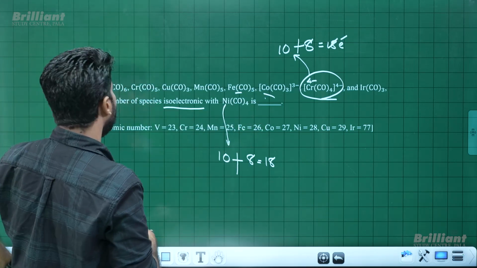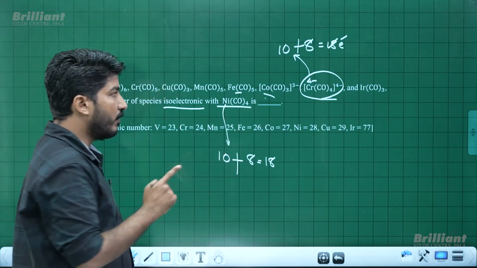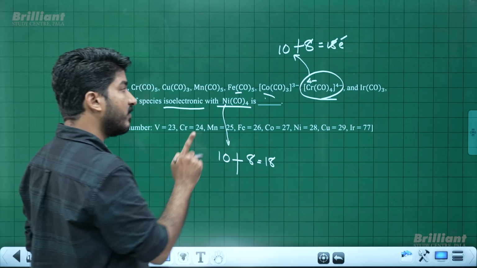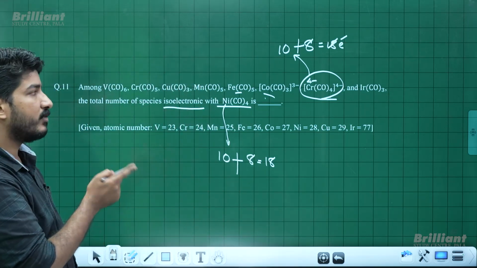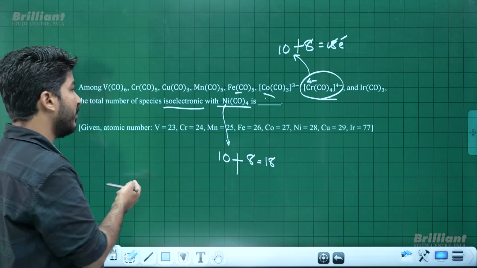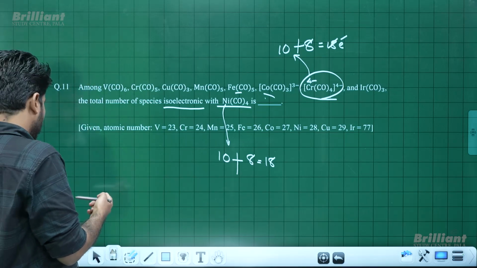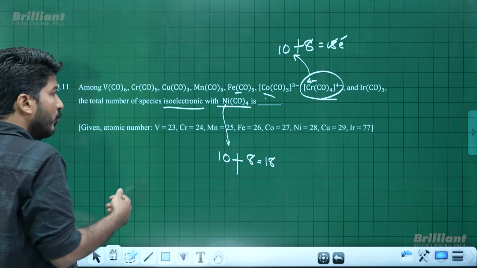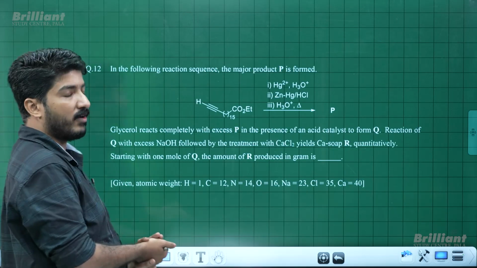Strictly speaking, Ni(CO)4 is isoelectronic with Cr(CO)4 4-. So that was one question from coordination compounds, the electronic structure of coordination compounds. Let's move on to the next question, that is from organic again.